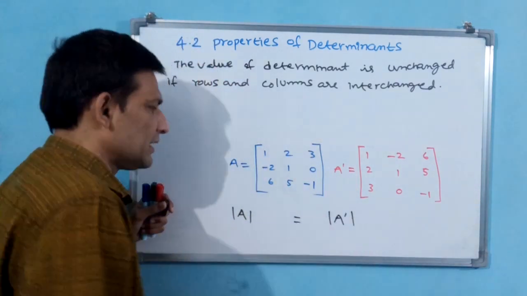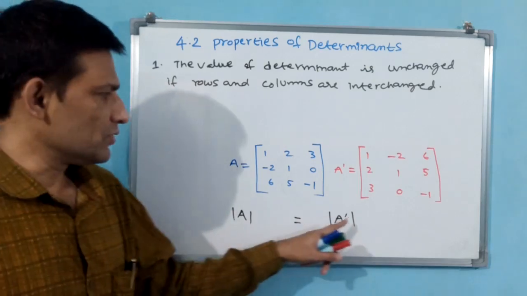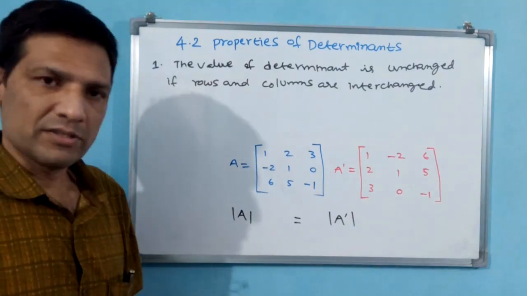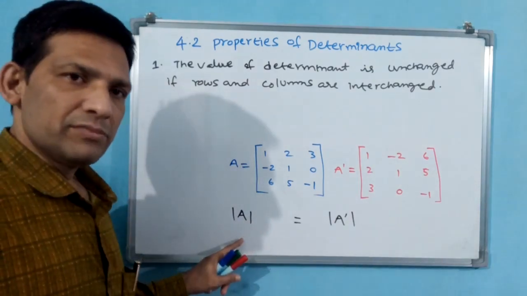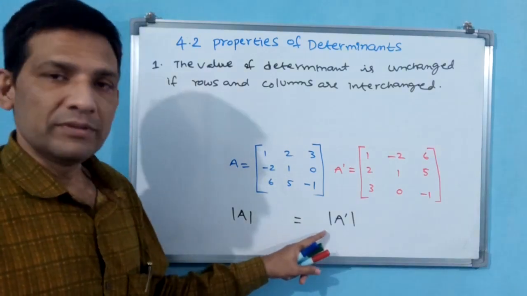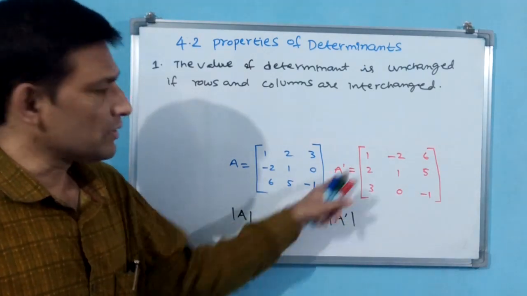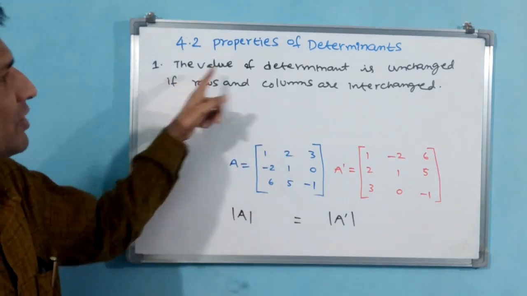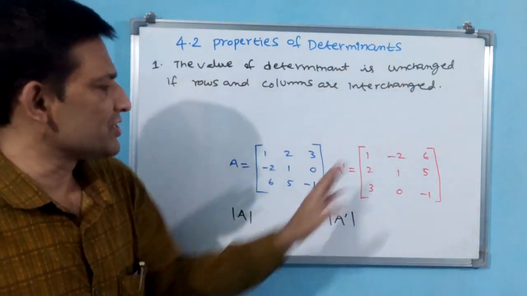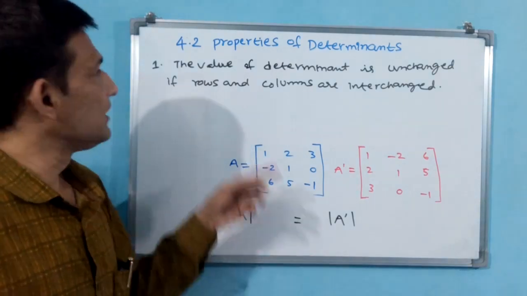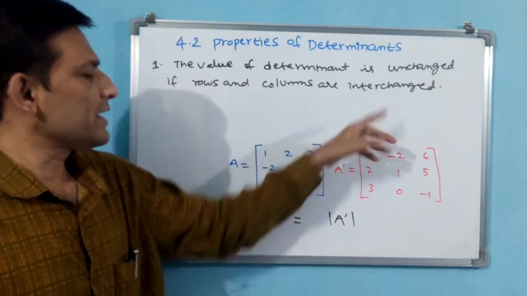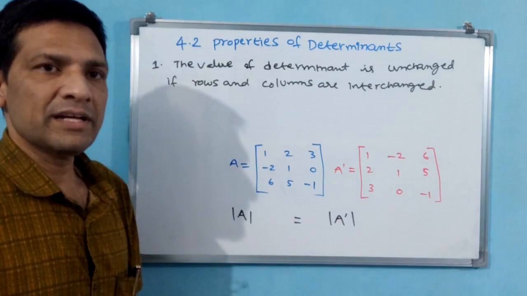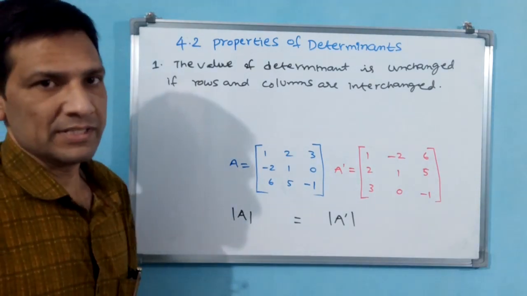Both are equal: determinant A is equal to determinant A transpose, like this property is telling you. The value of the determinant is unchanged, not changed means equal, if rows and columns are interchanged.